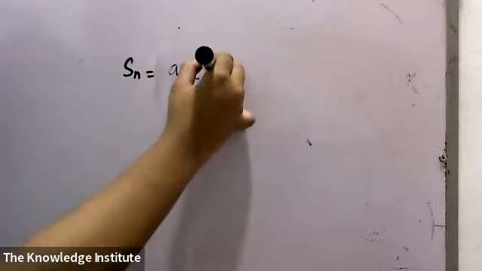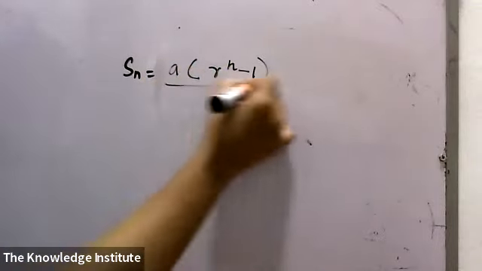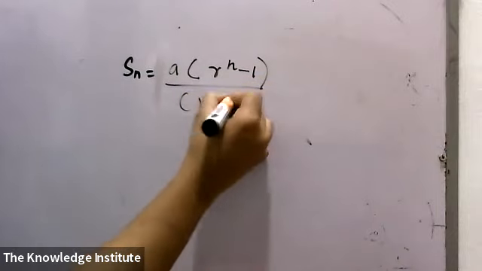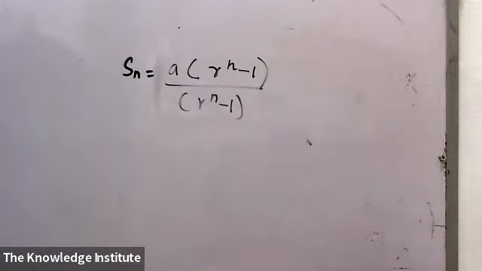Sn equals a times r to the power n minus 1 divided by r minus 1. This is the first equation. So what are the meanings? The usual meaning. a is the first term, n is the number of terms, r is the common ratio.